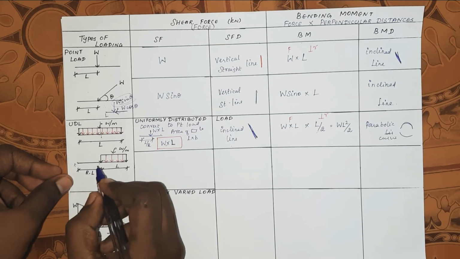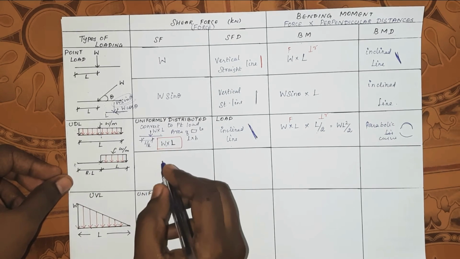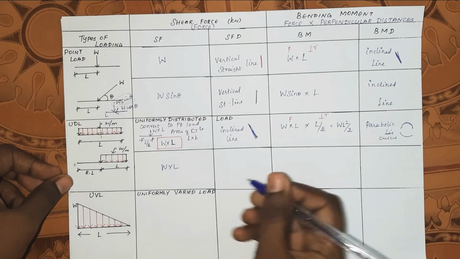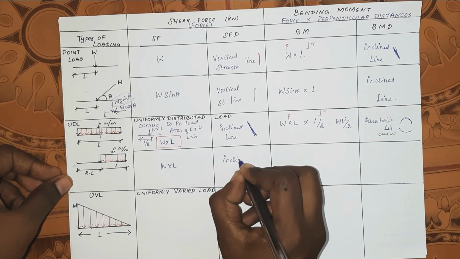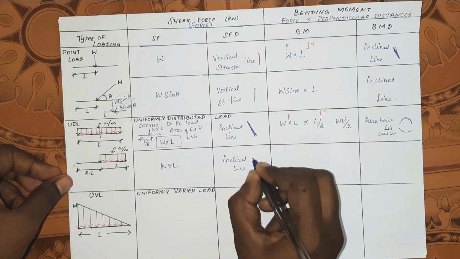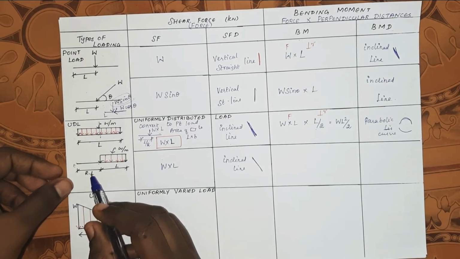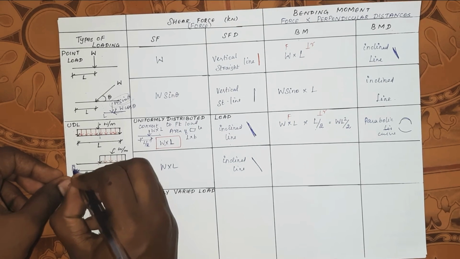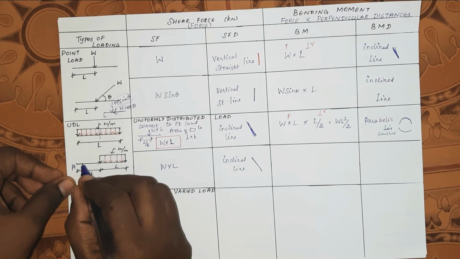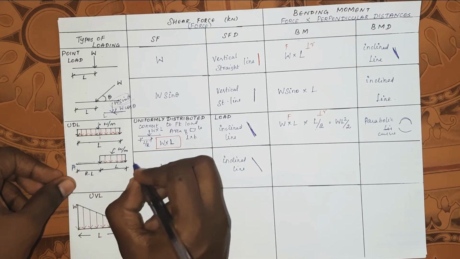For that problem, the shear force is the same, W into L. The load condition diagram is also the same, an inclined line. Only the bending moment is changed because of this remaining length. When I take a moment here, at point A, we have to consider this remaining length.